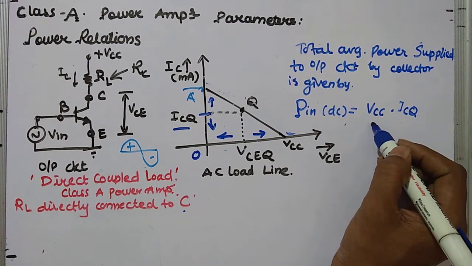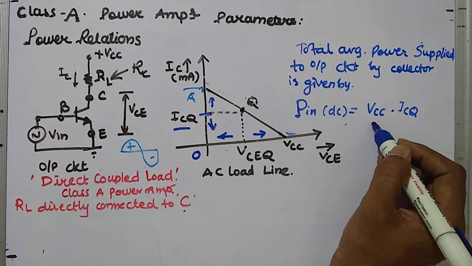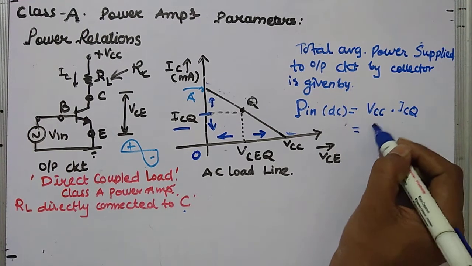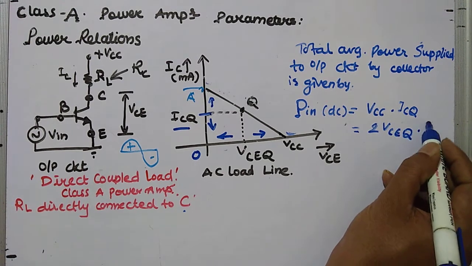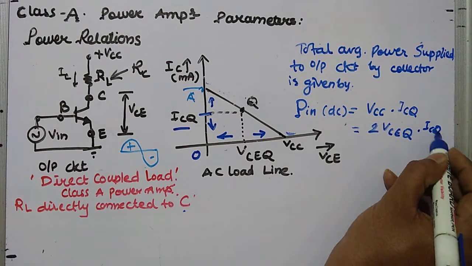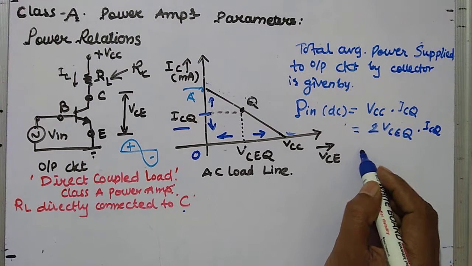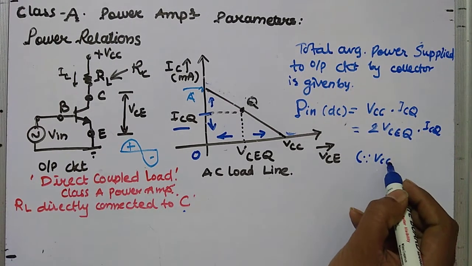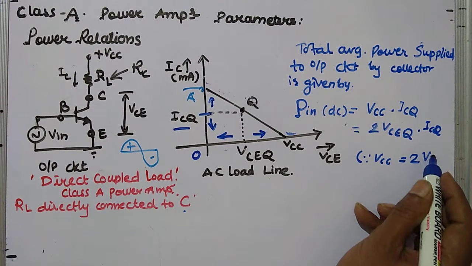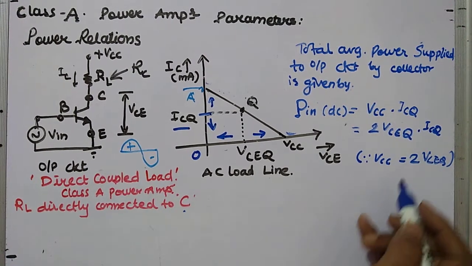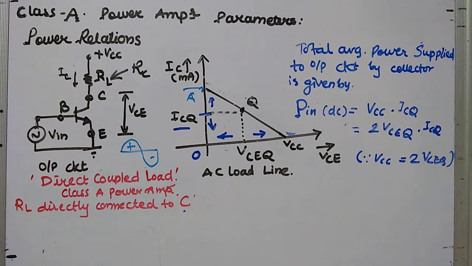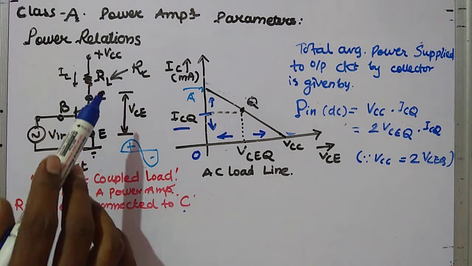So this is the input, this is the biasing supply VCC. So this is equal to twice VCEQ into ICQ, because VCC is equal to twice VCEQ. So this power is utilized within the RL.